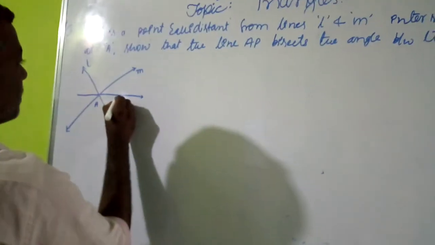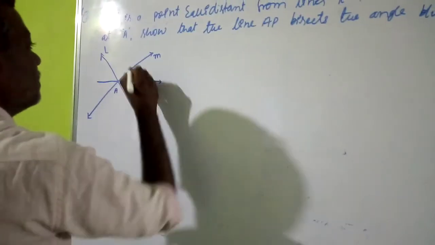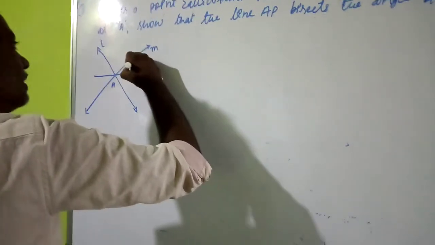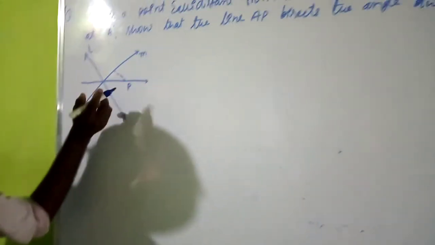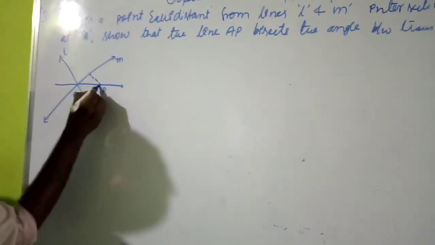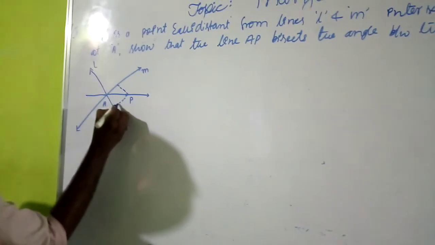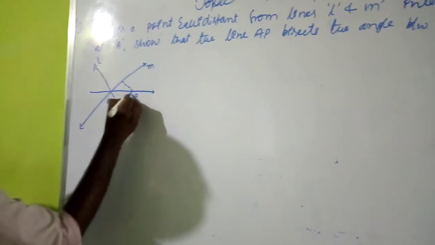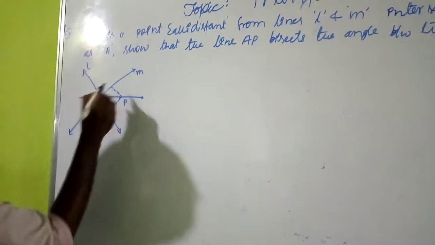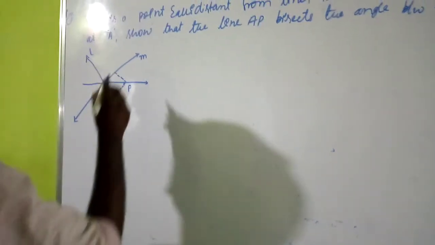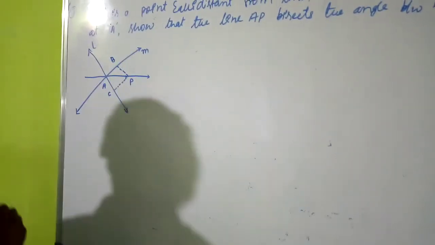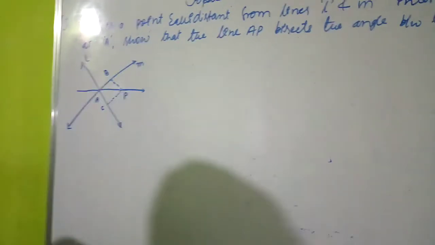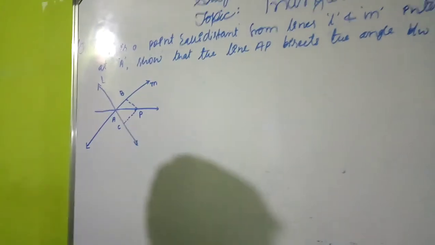This is point P, which is equidistant. Then you can mark this point B and this point C. From this, we are very clear that we need to use the congruence rules.